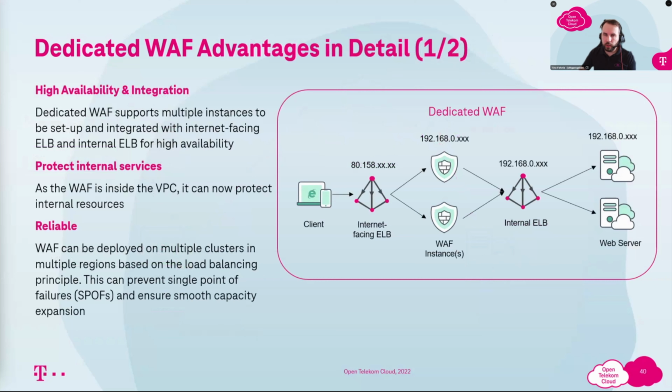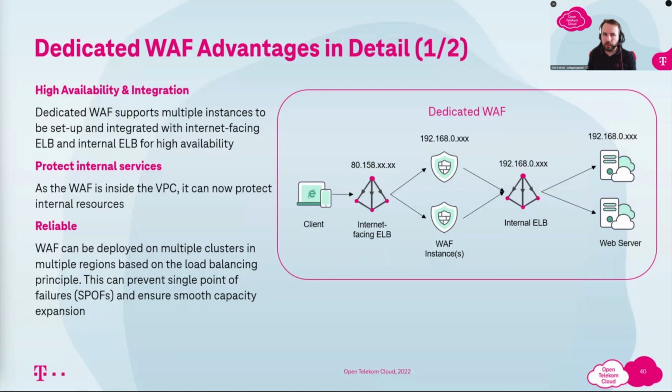So having this overview again, what are the advantages of the dedicated WAF? Like I said, you have the integration with the ELB. So the ELB is then the internet-facing component. The WAF instance and also the web server are not facing the internet anymore. Also, you have the possibility for high availability, so you can deploy multiple WAF instances in different availability zones.